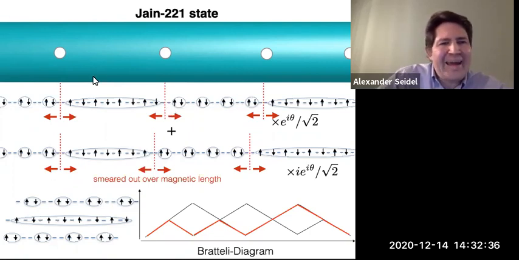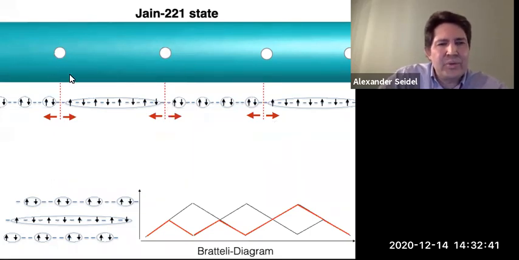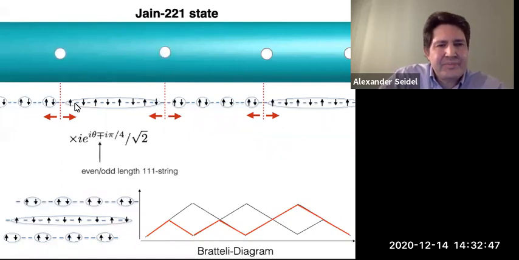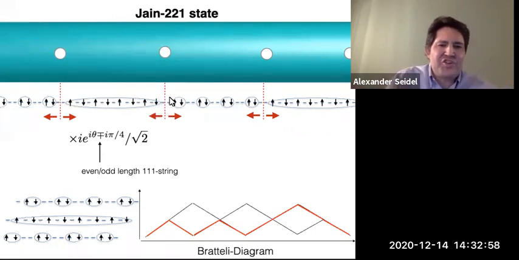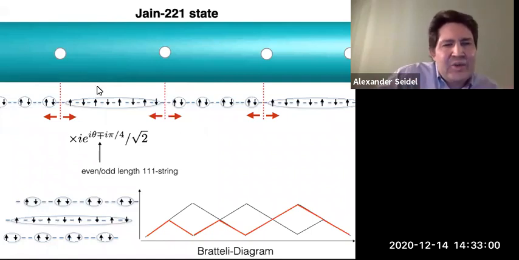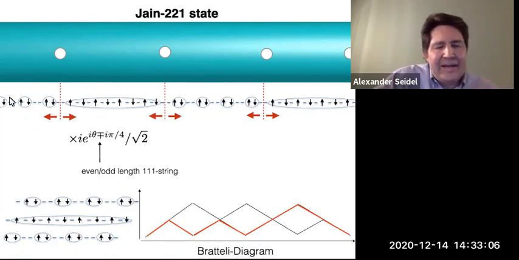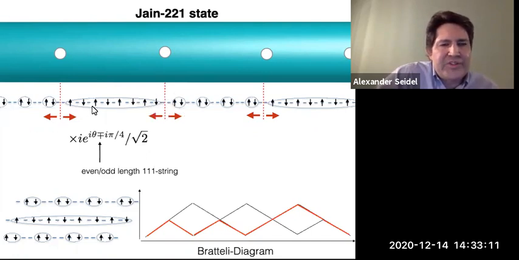Now you can contemplate what happens if you braid the 2 quasi-holes to the left. In this case, you cannot transition in the sense that you cannot replace this string, except for the domain wall position, which is anyway fluctuating. You cannot replace this with any other types of string. The surrounding dimer strings give rise to a boundary condition that if you want to have charge 1/4 domain walls, this AKLT string cannot be replaced.